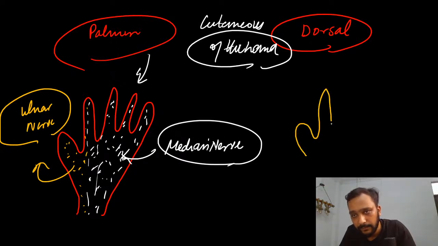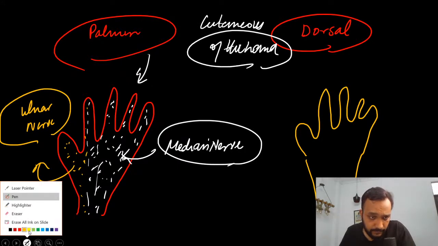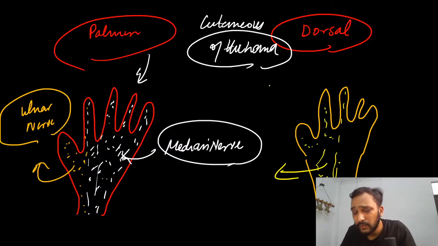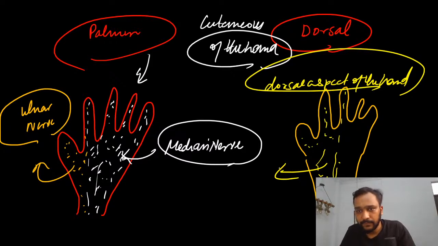Now guys, let us discuss the dorsal aspect of the hand. Tell me, the medial 2.5 dorsal aspect of the hand is supplied by which nerve?